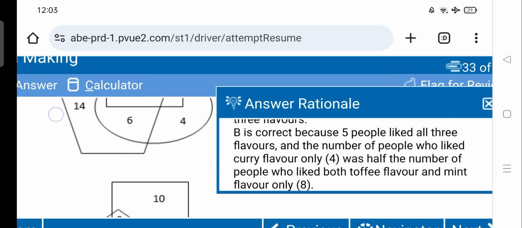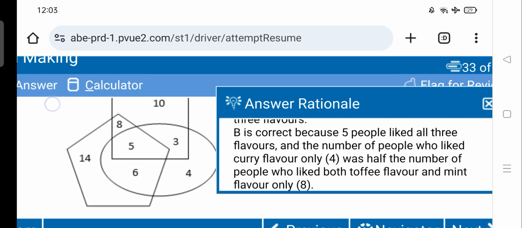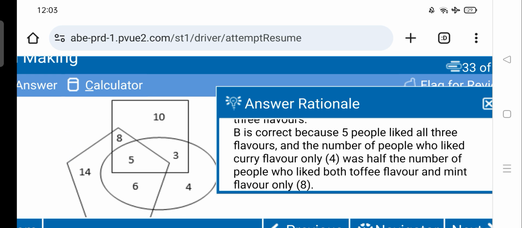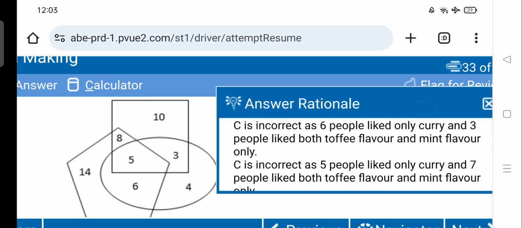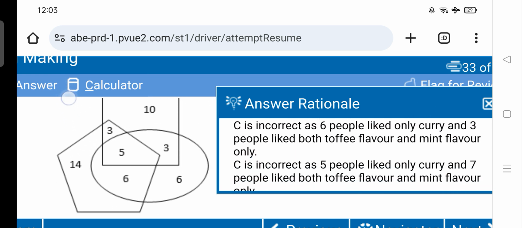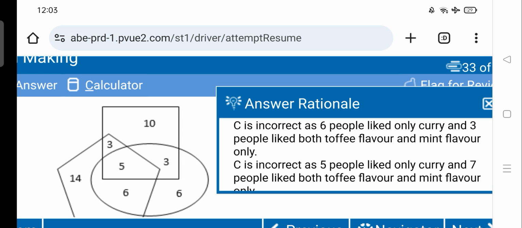B is correct because 5 people liked all 3 flavors, and the number of people who liked curry flavor only, 4, was half the number of people who liked both toffee flavor and mint flavor only, that is 8. C is incorrect as 6 people liked only curry and 3 people liked both toffee flavor and mint flavor only.